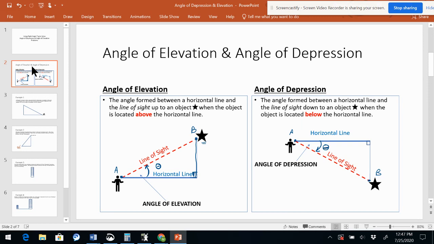Again, the horizontal line is drawn out from the origin of our line of sight, where we're looking from, and the line of sight goes from where you're looking down to the object. Angle of depression is the angle between these two lines. And if we drop our vertical line down from A down to B, we get our right triangle.